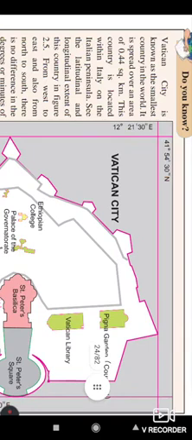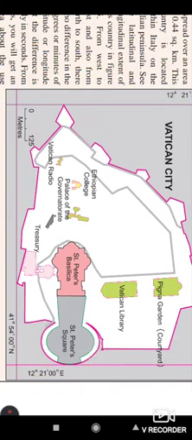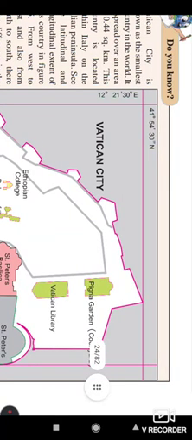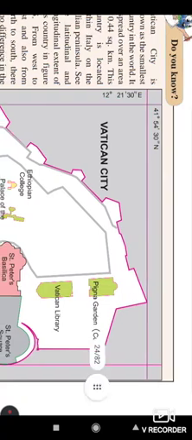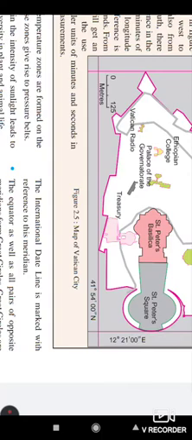Look at this figure that Vatican City is spread 12 degree 21 minutes 30 seconds east, up to 12 degree 21 minutes east, and to the north it is spread with 41 degree 54 minutes 30 seconds north, to 41 degrees 54 minutes north.